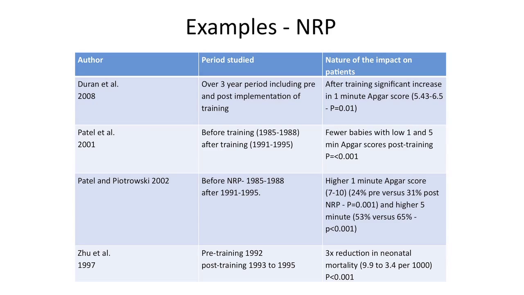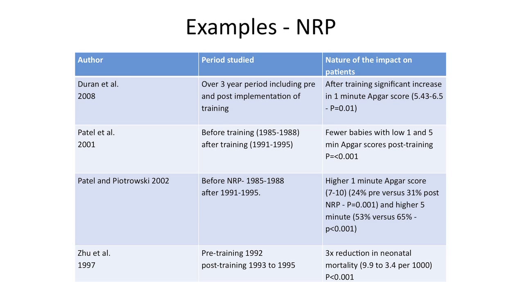We looked at our systematic review to see whether there was evidence to patients as well. And we found that actually the introduction of resuscitation training, and this is in the newborn babies, 4 references down the side. These were the periods that these studies were carried out, usually over quite long periods, 3 years, another 1985 to 88 until 91 to 95, pre-training period of 3 years, post-training 3 years.